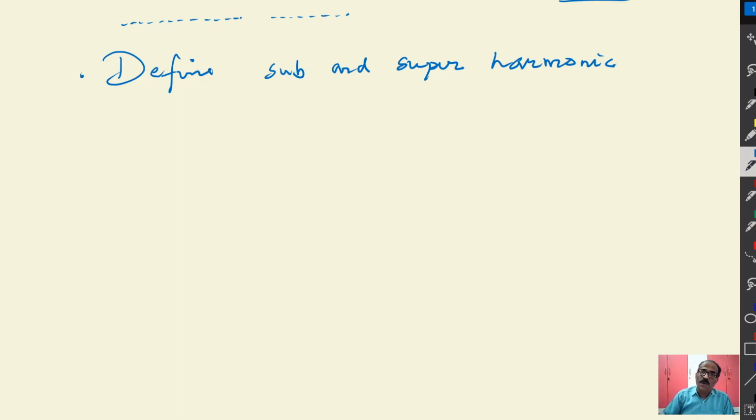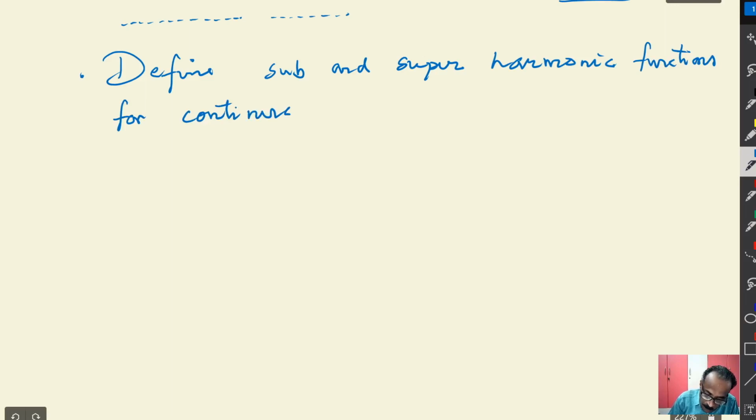We will motivate how you can define these sub and super-harmonic functions for continuous functions via the maximum principle; it will coincide with the mean value definition.